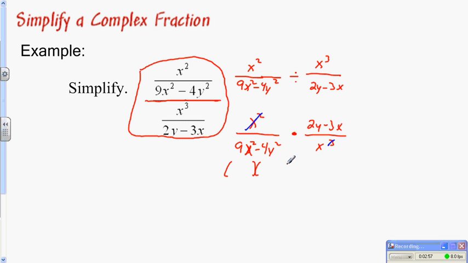Easy to factor. 9x squared is 3x. Change the signs, plus minus, or have different signs rather, excuse me. And then 4y squared is 2y.